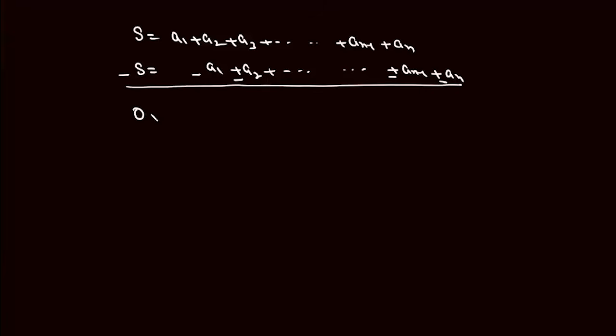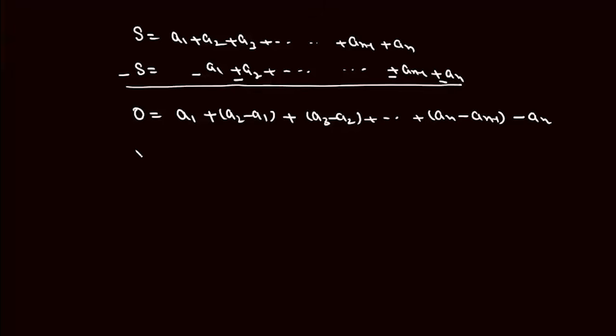On the left hand side, it'll be 0. Then we'll have A1 plus (A2 minus A1) plus (A3 minus A2) up to (AN minus A(N minus 1)) and then minus AN, or we can simply write this AN as A1 plus (A2 minus A1), (A3 minus A2) up to (AN minus A(N minus 1)).